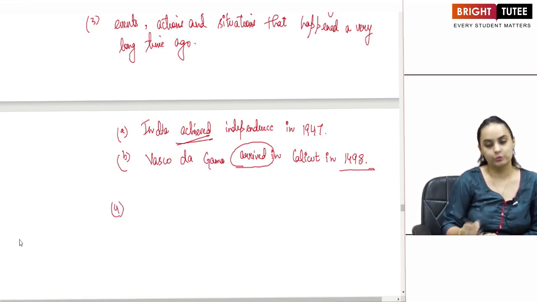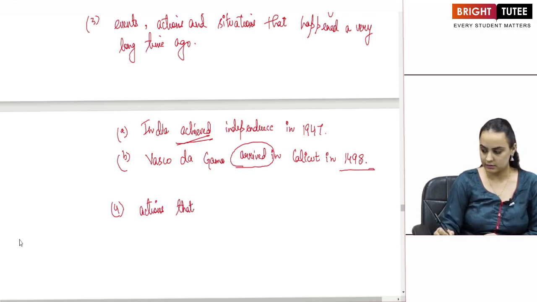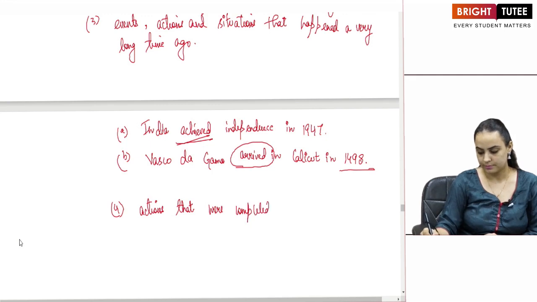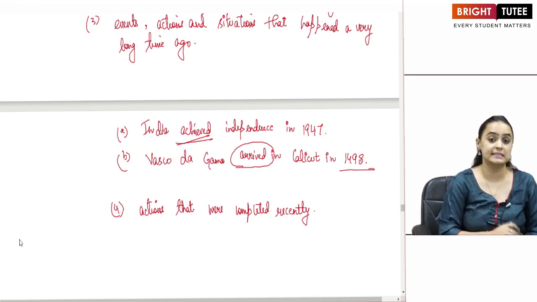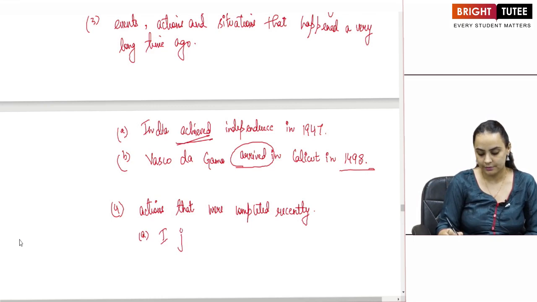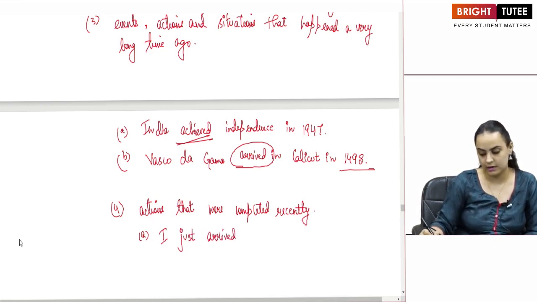And the last use for the simple past tense is those actions that were completed recently. So something that was completed recently, it has not been a very long time since those actions have been completed. For example, I just arrived here.